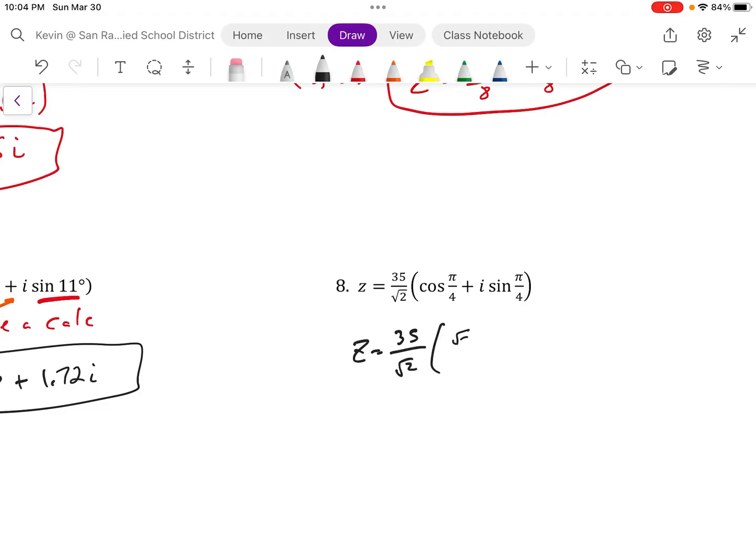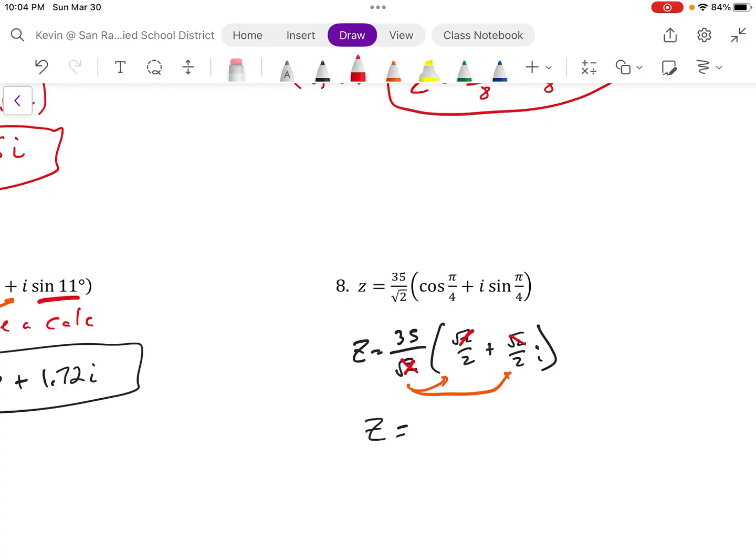Z equals 35 over root 2 times cosine of pi over 4, which is root 2 over 2, plus i sine of pi over 4, which is root 2 over 2. Then we distribute this in here, and the root 2's cancel out.